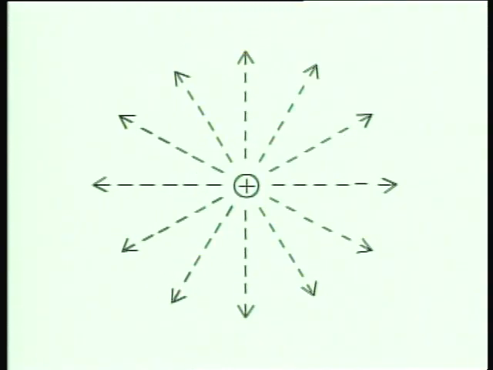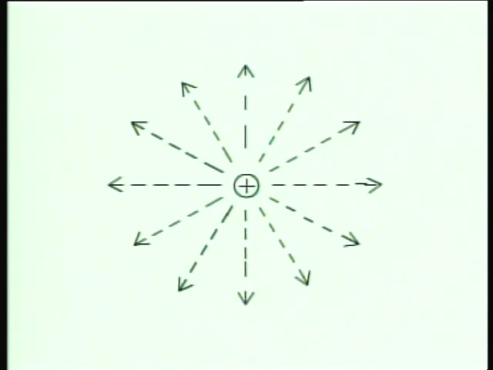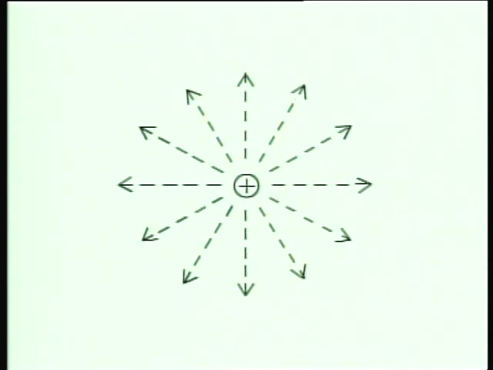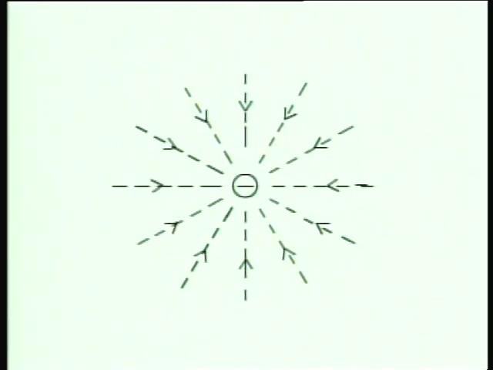Hence, the lines of force of an isolated positive charge go straight out in all directions from the positive charge, and the lines of force of an isolated negative charge are towards the charge.